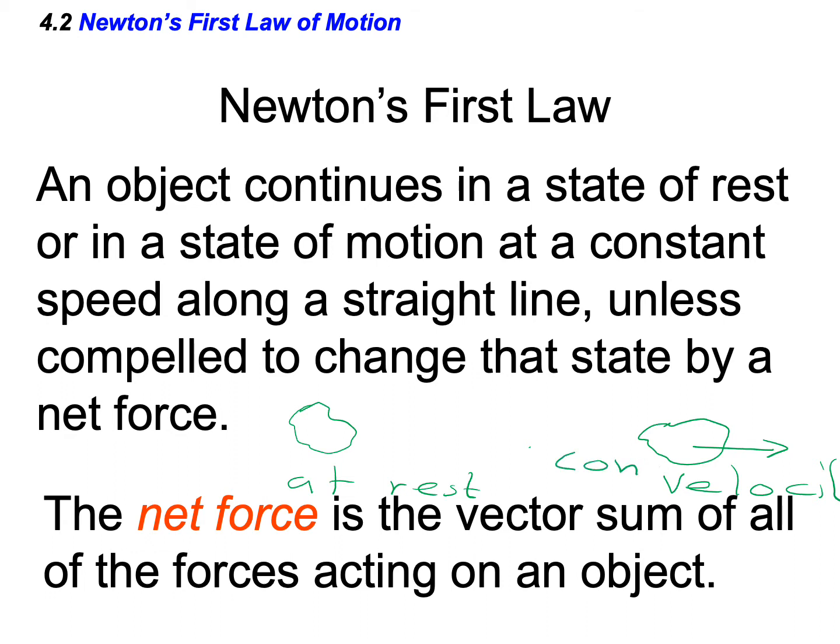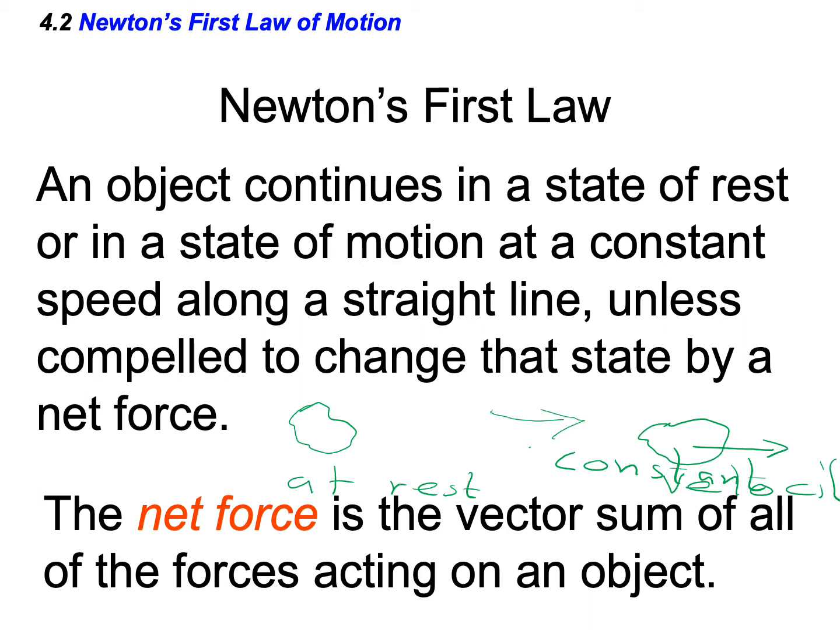If an object is at rest, that's part one, it remains at rest if there is no net force. If we apply a force onto an object, if the force is large enough, we can change the state. So at rest is one state of an object. And the second state is if an object is moving at a constant velocity. If we apply an additional force, we can change the speed, or we can change the velocity.